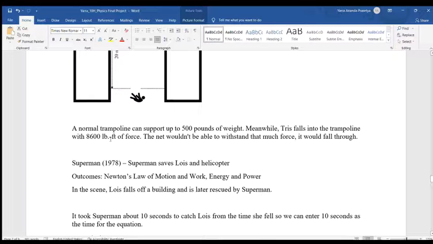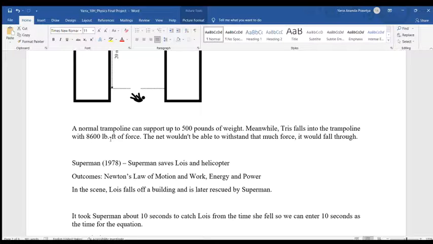And a normal trampoline, I'm assuming that's a normal trampoline because we don't really know. The movie doesn't specify. But a normal trampoline can support up to 500 pounds of weight. Meanwhile, Triss falls into the trampoline with 8,600 foot-pounds of force.